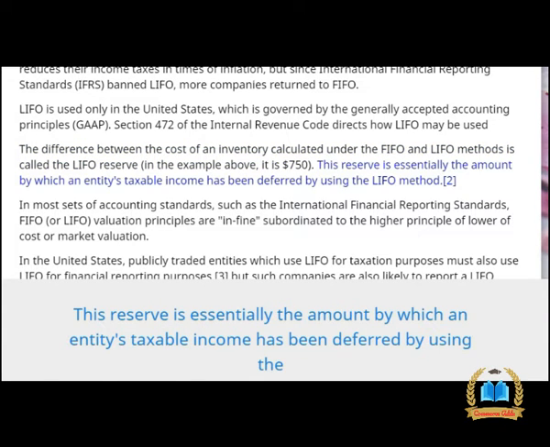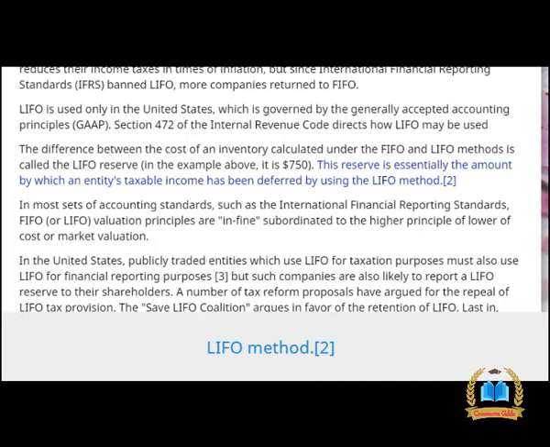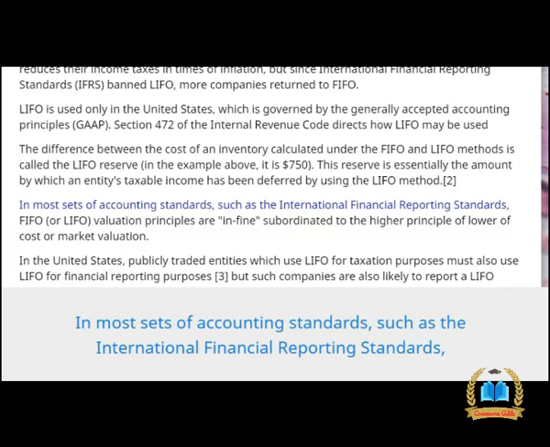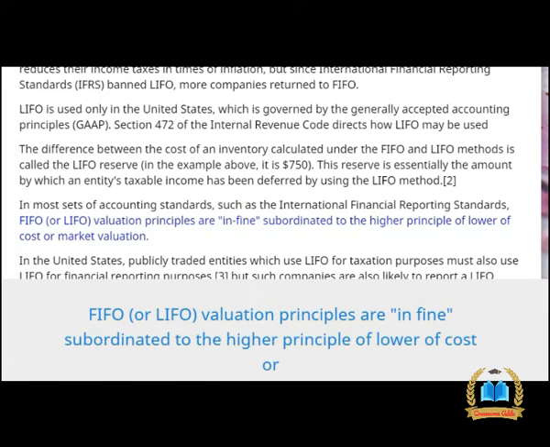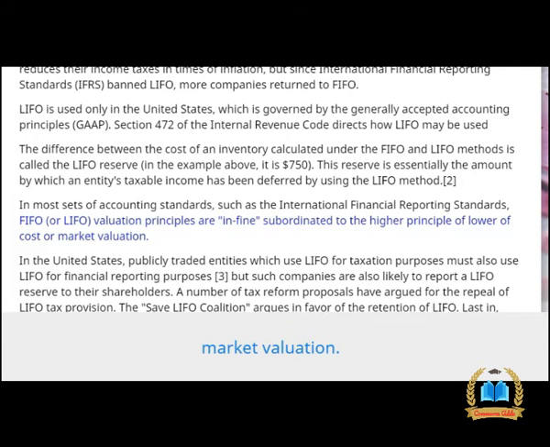This reserve is essentially the amount by which an entity's taxable income has been deferred by using the LIFO method. In most sets of accounting standards, such as the International Financial Reporting Standards, FIFO or LIFO valuation principles are in fine subordinated to the higher principle of lower of cost or market valuation.